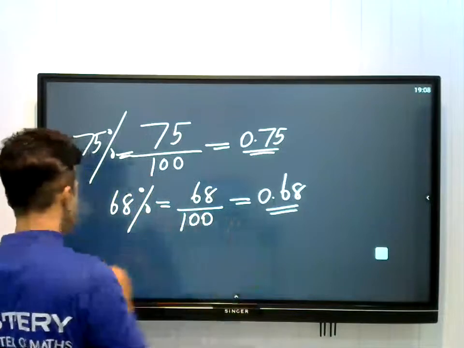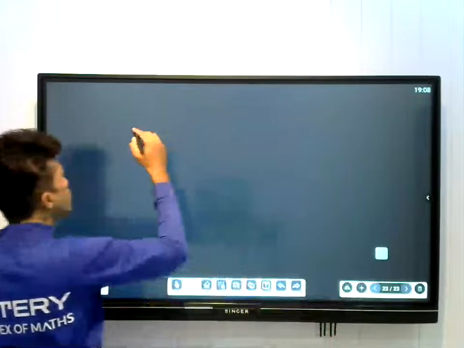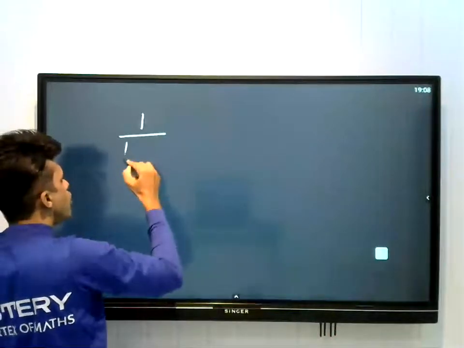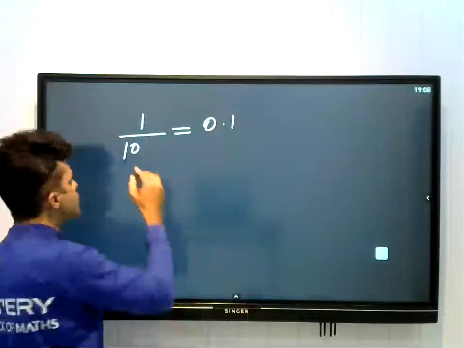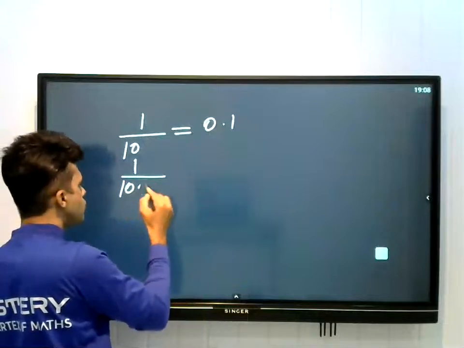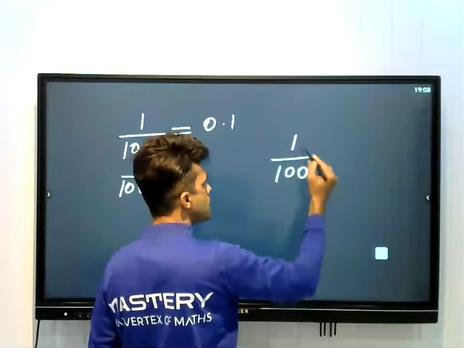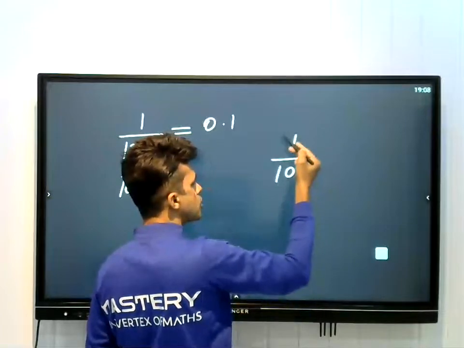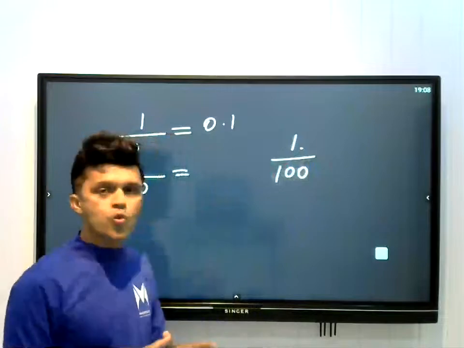So let's do this type. What is the value of this one? 1 over 10 equals 0.1. 1 over 100 equals what? When it comes to this one, the decimal point goes to the left side, passing 2 digits.